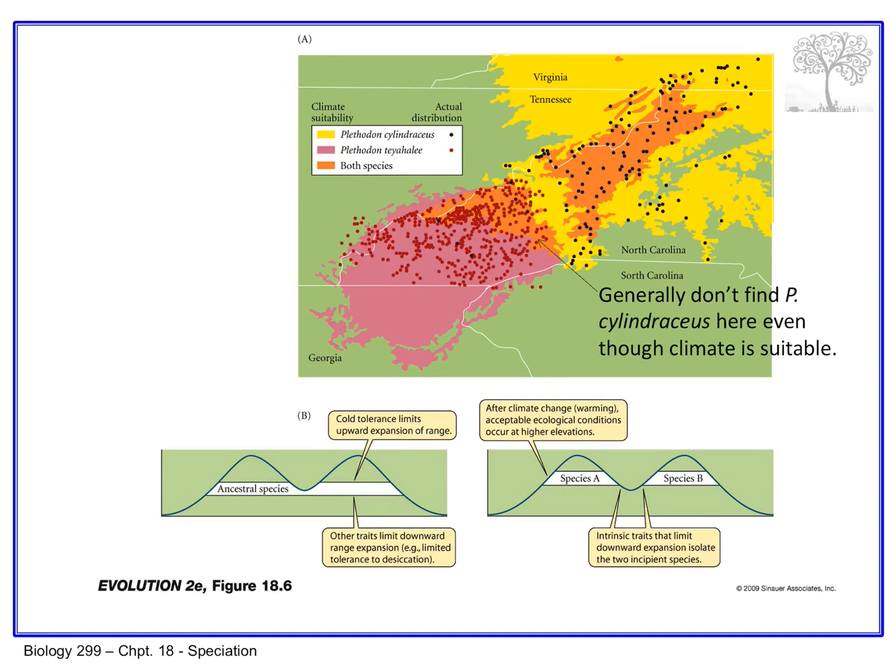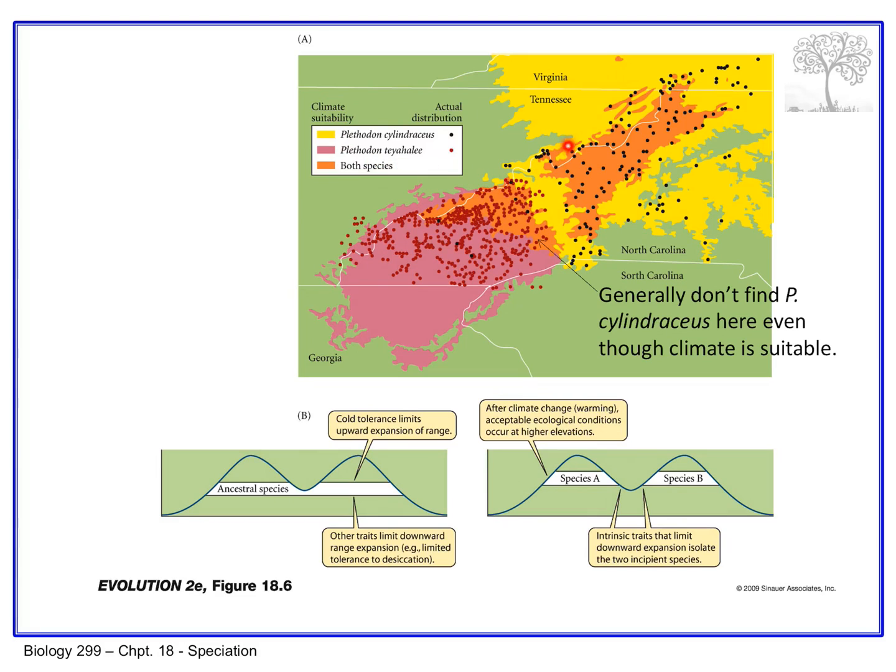There is evidence of this, again, from western North Carolina, where we have this hotspot of salamander diversity. And so what you're seeing here is the geographic range of some of these plethodontid salamanders. We have Plethodon cylindraceus, Plethodon teyahalee, and then we have an area shown in orange where the climate is actually suitable for both.